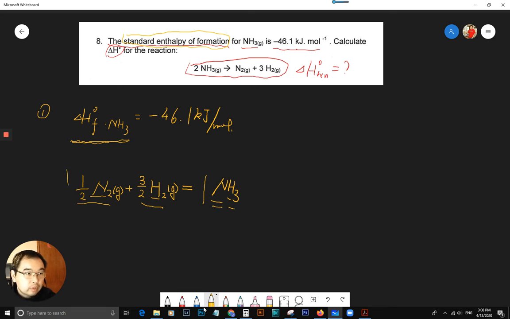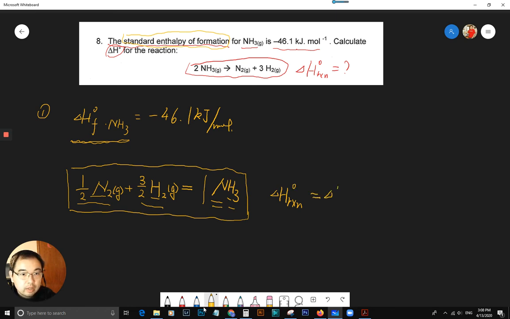So this equation can be represented as the enthalpy of formation of ammonia, and we know this is negative 46.1 kilojoule per mole.